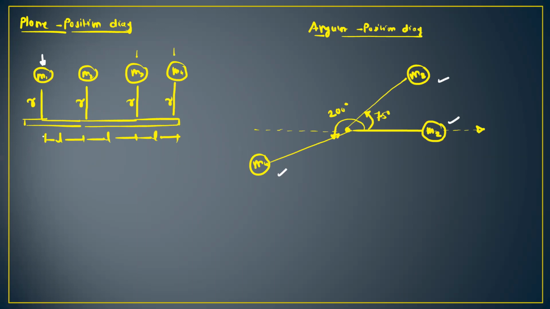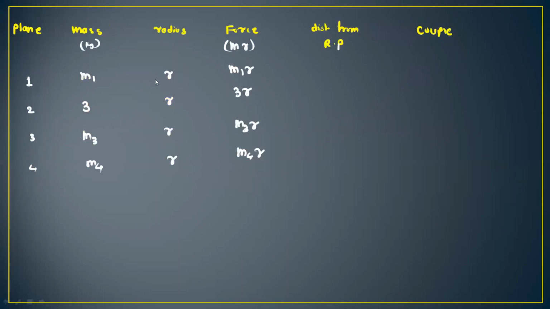So take this mass as a reference. So select this as a reference plane, and with respect to m1 measure the axial distance for masses m2, m3 and m4.